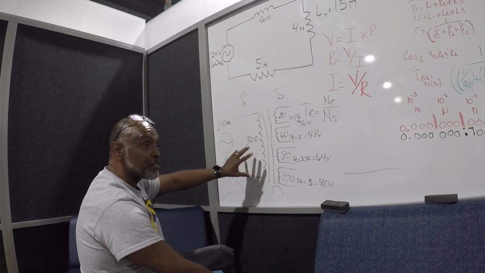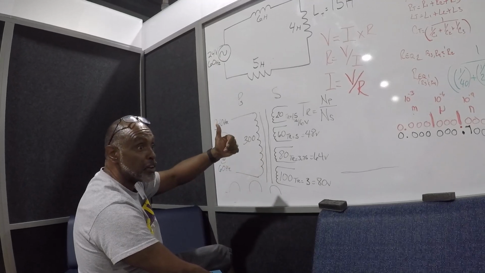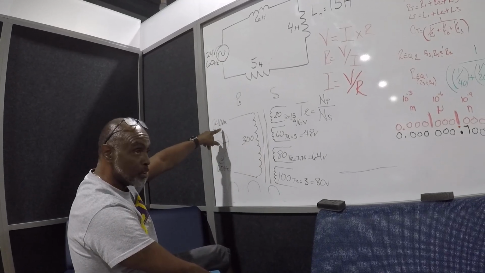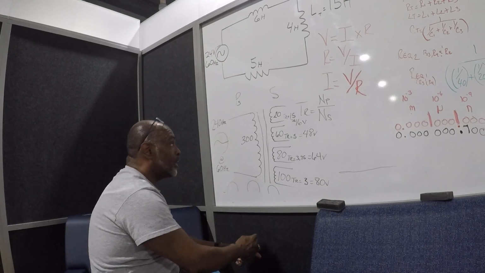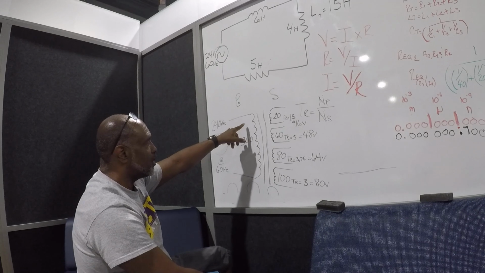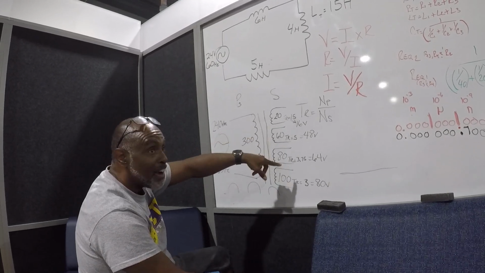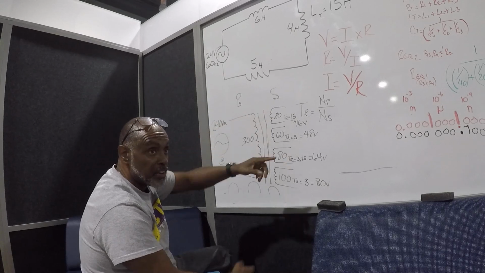Excellent. That's not to say that there aren't instances with step-up transformers where you have a lower voltage coming in, and so your windings are typically reversed. You'll have a lower winding count on your primary side, and you'll have higher windings on the secondary side to pull that voltage up.